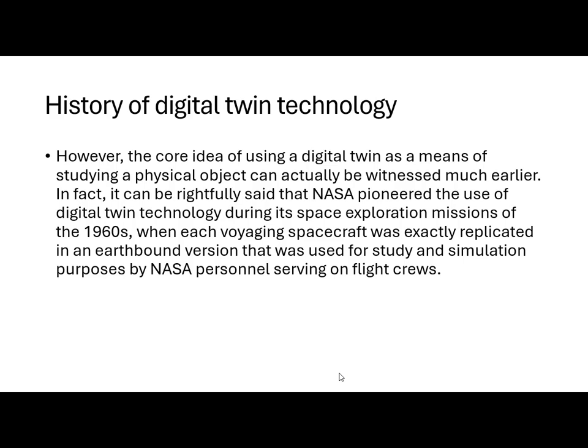In fact, it can be rightly said that NASA pioneered the use of digital twin technology during its space exploration missions in the 1960s, when each voyaging spacecraft was exactly replicated in an Earth-bound version that was used for study and simulation purposes by NASA personnel serving on flight crews. Here it goes deeper in history and relates the application of the idea not to 1991 but to the 1960s.